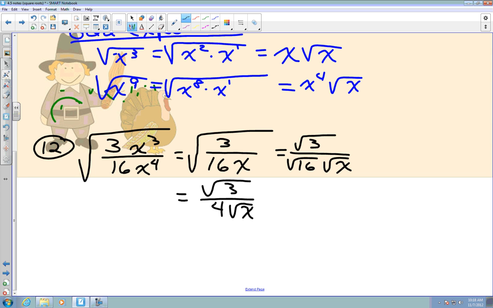Now, I still have a radical in the denominator, so I need to multiply times root x over root x. Both are under the radical, so I can multiply them. So I have root 3x over 4 times root x squared times root x. The square root of x squared is x. Okay, so that's your simplified one.